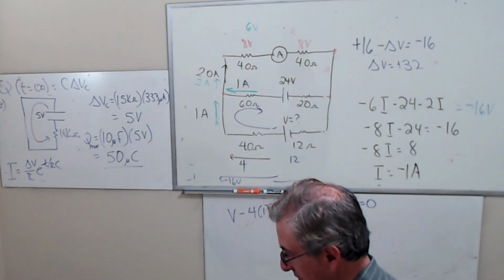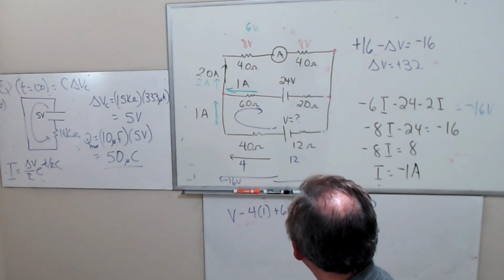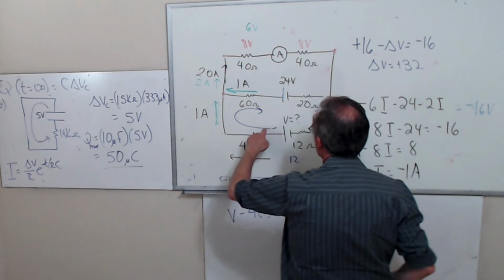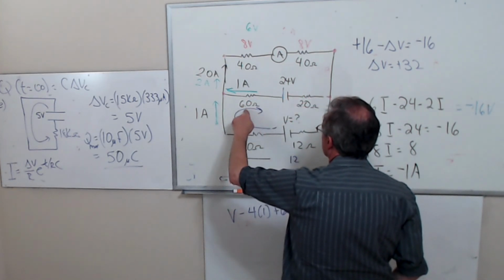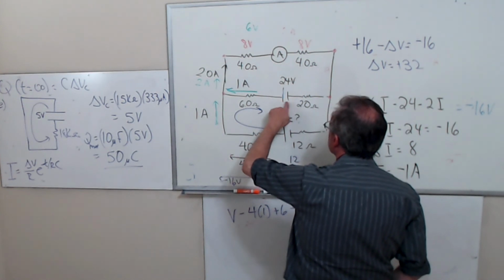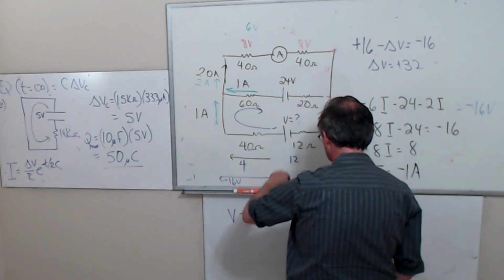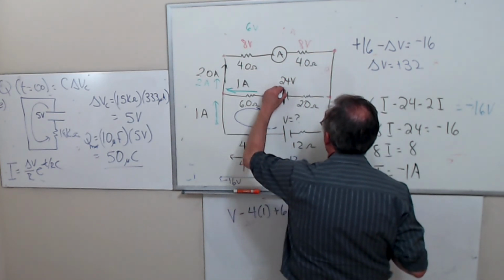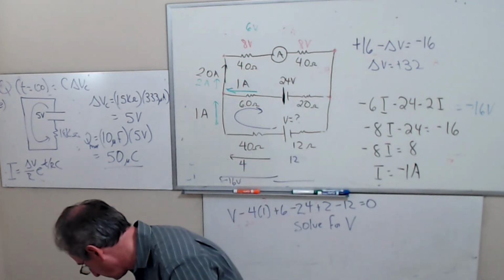Anything else? Why do you subtract the 24 in the bottom board? Well, I'm going around this loop, right? So isn't that a drop from positive to negative? Did I have it backwards in the picture? Did I draw it backwards? No, it's okay.